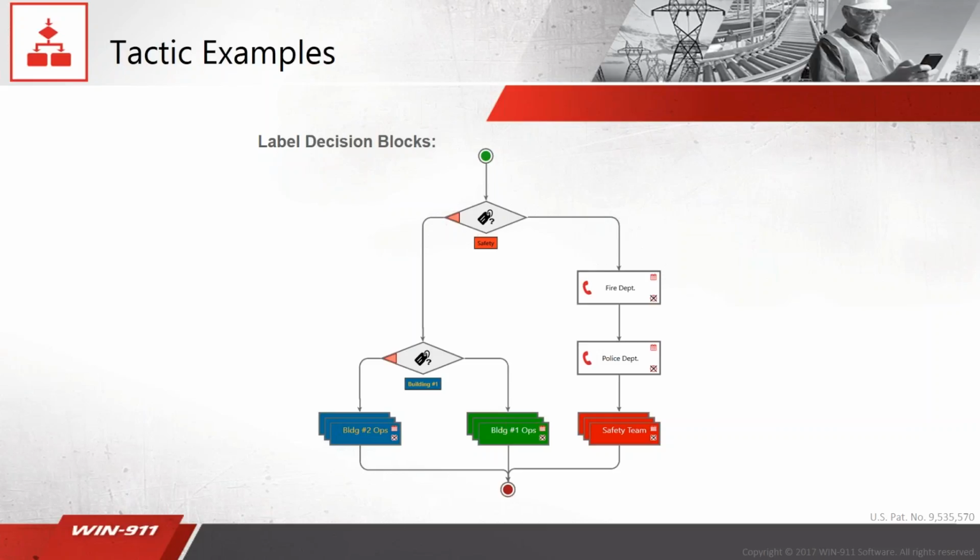If it is building number 1 alarm, send it to the building 1 team. If it's not building 1, then I guess it means it's building 2, so contact the building 2 team. And then you can nest those as far as you like. So if you had a building 3 and so on, you can nest them over on the left side and keep building it out. So those are some examples of tactics.